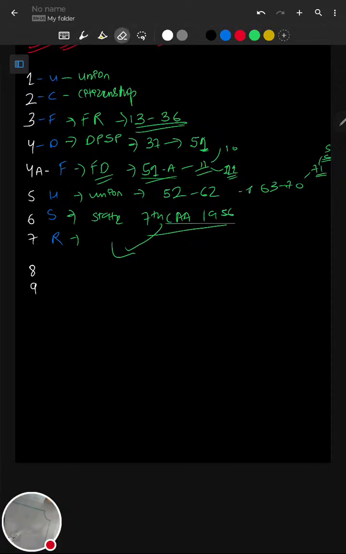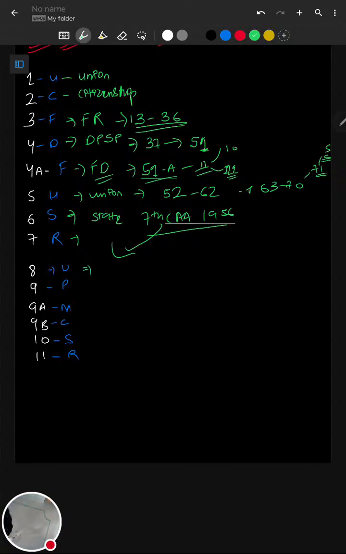First 8, 9. 8, 9, then 9A, then 9B, then 10, then 11. So you can fly directly from US repealed, U, then P, then M, C, S, R.